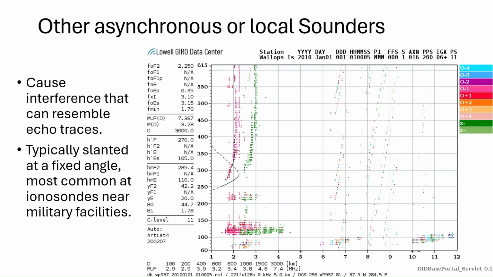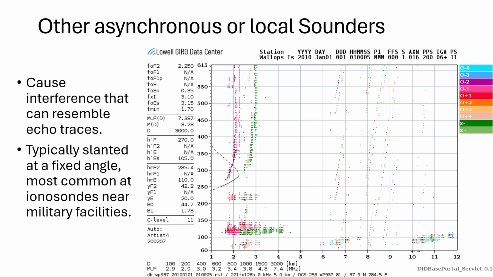This is another example of interference from, say, a non-cooperative interferer, in this case, a military sounder. So you can see all these slightly angled lines here as we're going through these chirps. You can also see some reflections here that are coming from considerably off vertical.